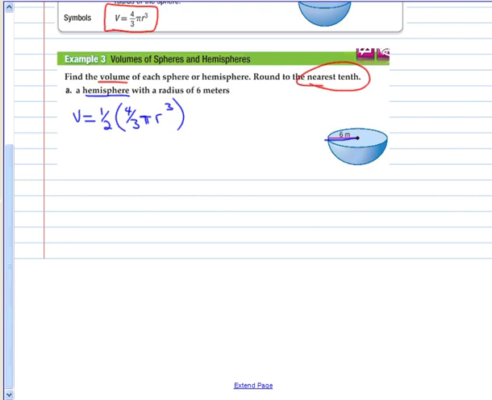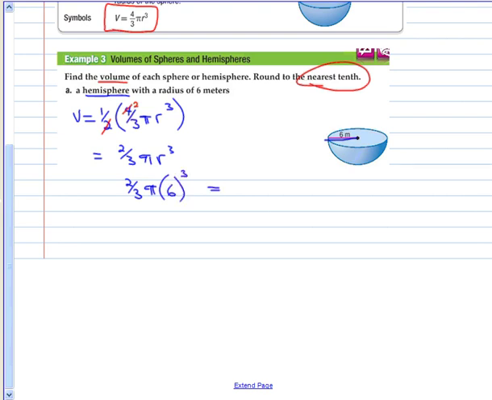So we can adjust our formula a little bit. 2 goes into 4 twice, so if I simplify that, I now have 2/3 pi r cubed, instead of 4/3, since we have half of it. So filling it in, 2/3 times pi, our radius is 6, and that 6 has to be cubed.